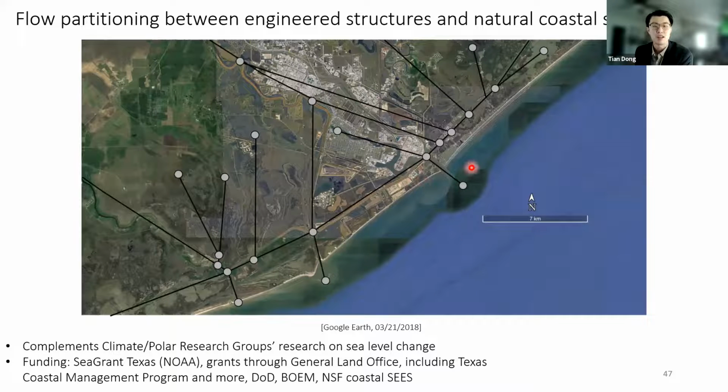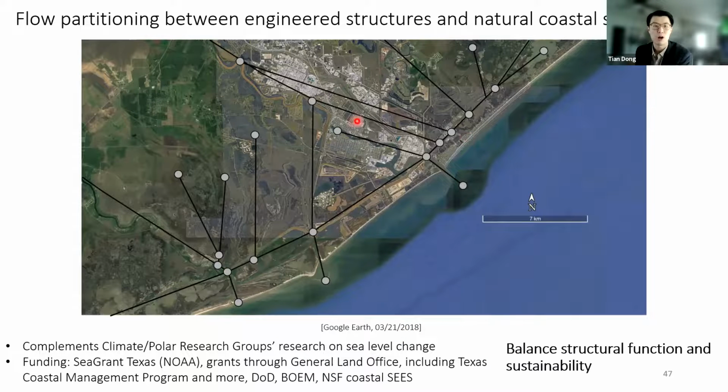Potential funding agencies include the Texas Sea Grant and the General Land Office, which is very close to campus. This area is also of high value for national security, given the Intracoastal Waterway, the large refineries and liquefied natural gas terminals in Freeport, and the strategic oil reserve buried along the coastline. So the Department of Defense and the Bureau of Ocean Energy Management are good funding agencies as well.